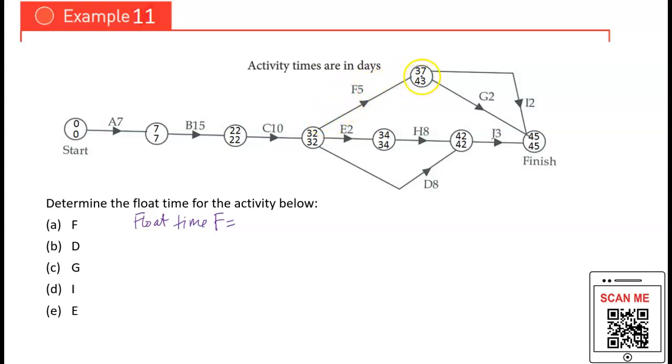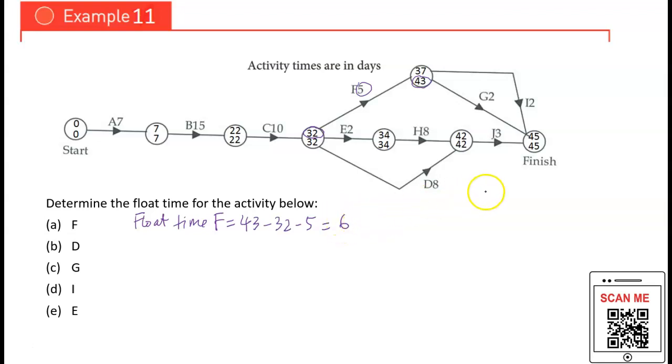So this is the ending activity, 43, minus the start of the activity, which is 32, and then minus the time of the activity F, which is 5. So you have 37, you have 6.